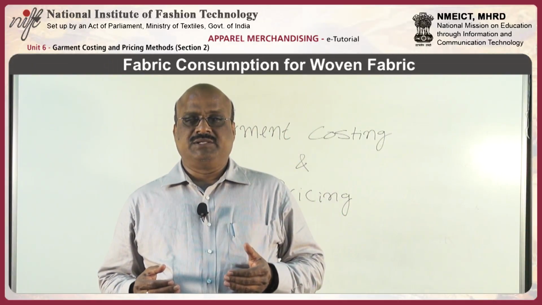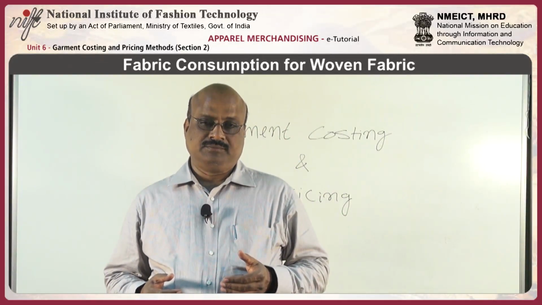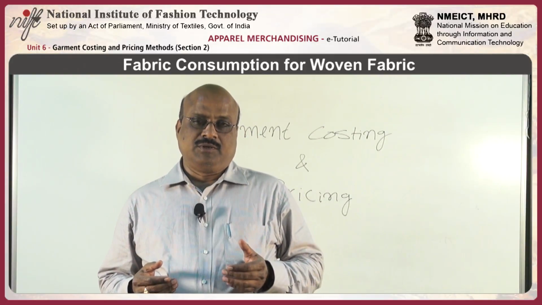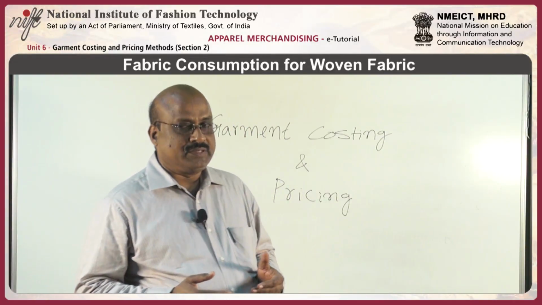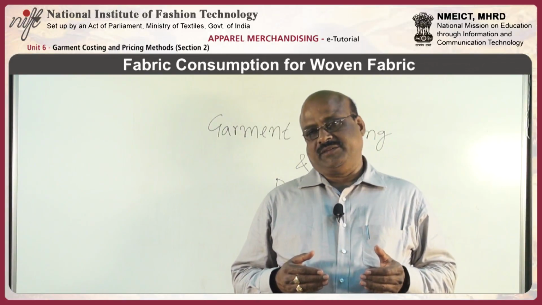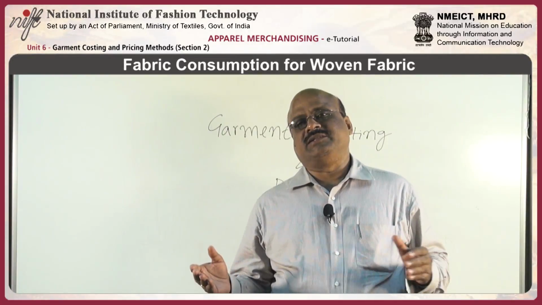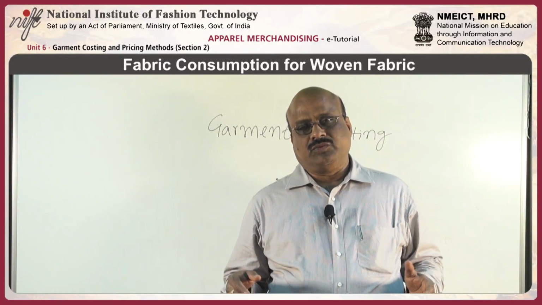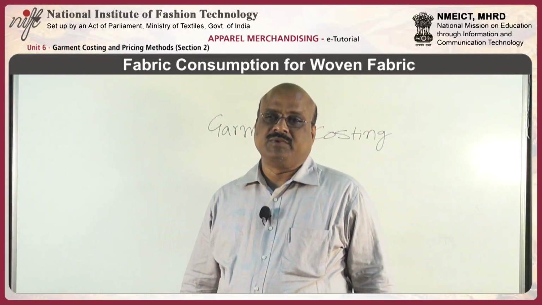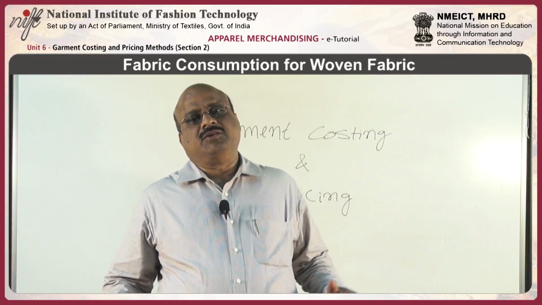These are the constraints of fabric consumption. What are the constraints to optimize the fabric consumption? One is fabric cuttable width. There are selvages on either side of the fabric generally. These selvages would not be useful for garment manufacturing, so we need to take that into consideration.